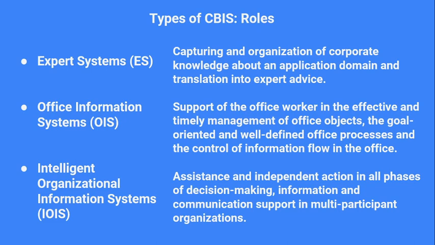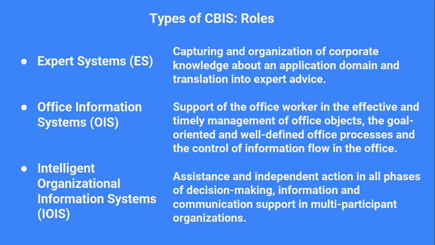Right? And the last one, that is Intelligent Organizational Information Systems. Here, assistance and independent action in all phases of decision making, information and communication support in a multi-participant organization. Now, in a multi-participant organization, this particular system will assist in an intelligent way.